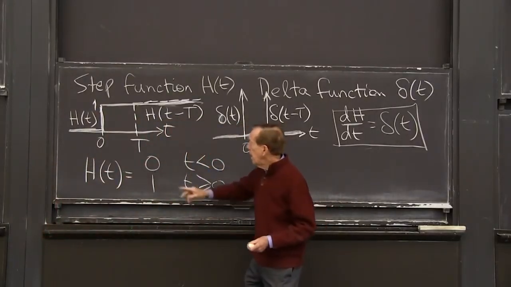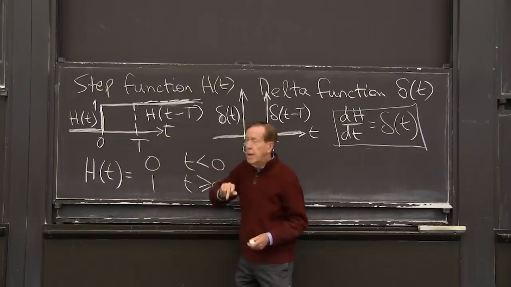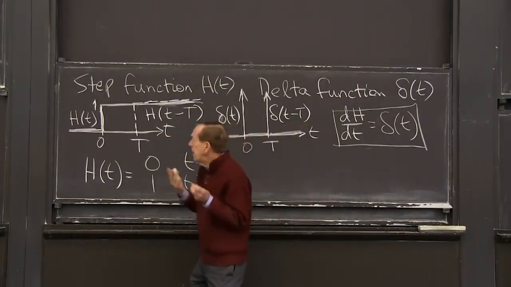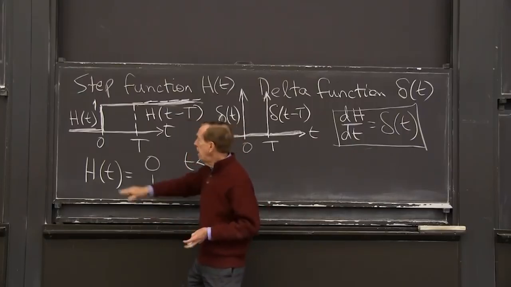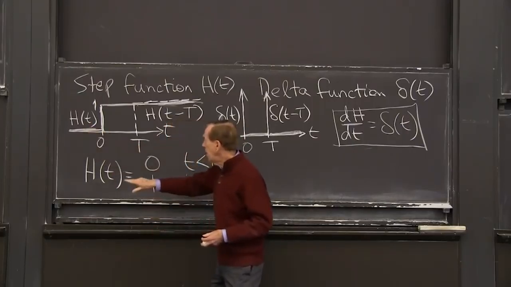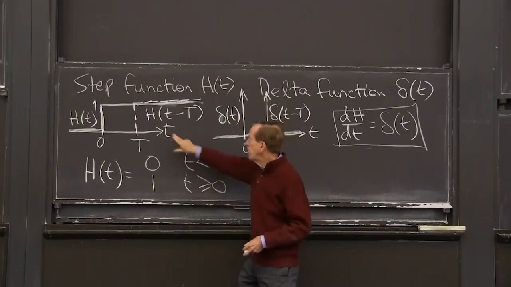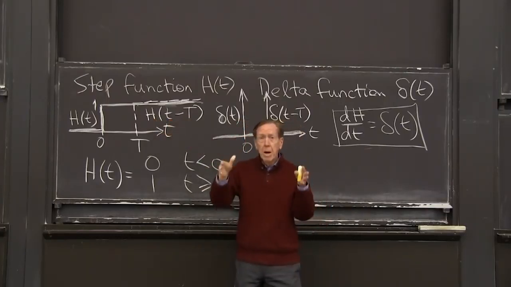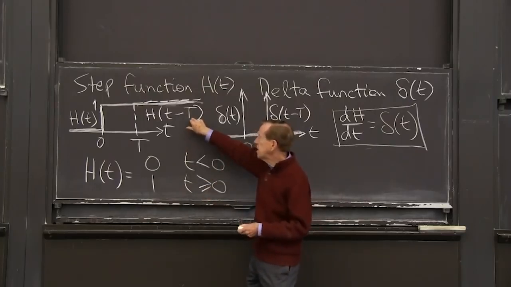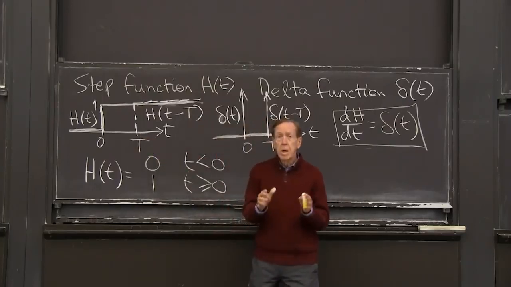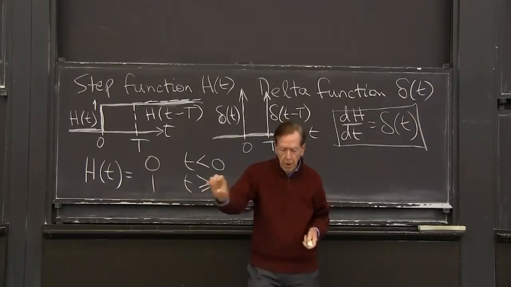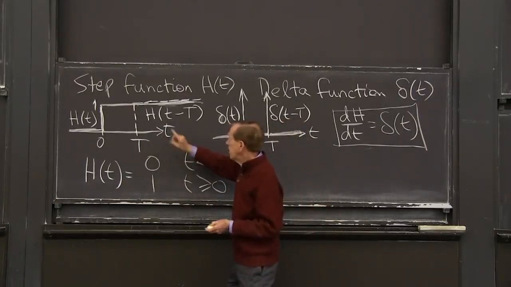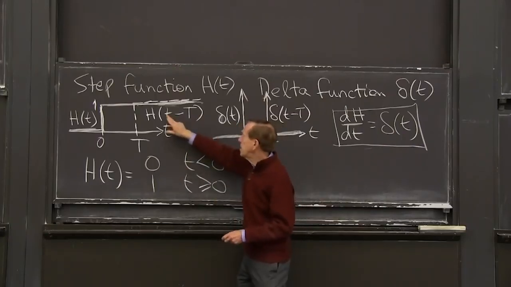And notice, I've also graphed the shifted step function. What happens to any function, including this one, if I change from t, which jumps at 0, to H of t minus T? If I put in t minus some fixed number T as the variable, then the jump will happen when this is 0.